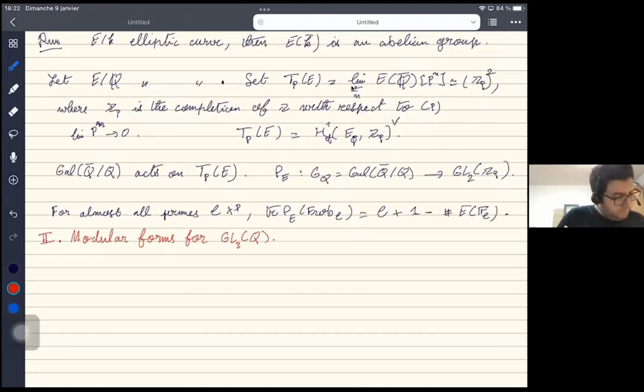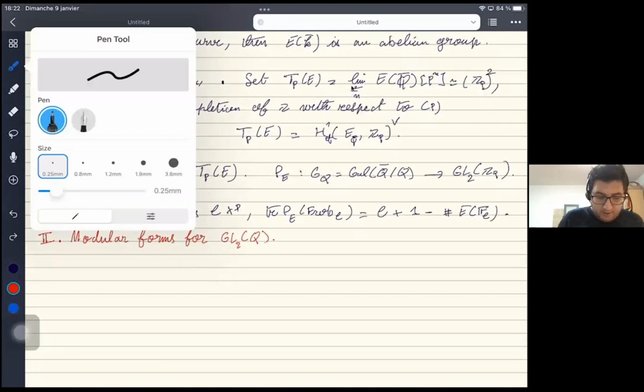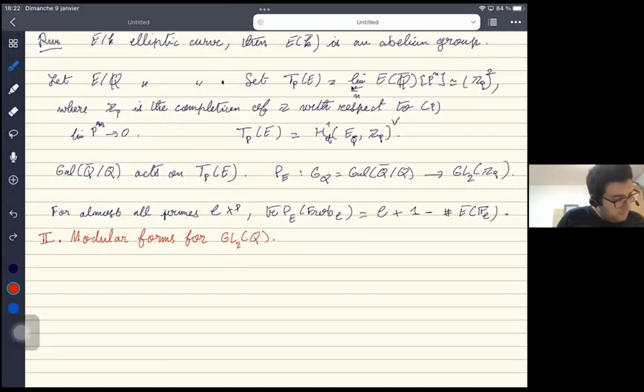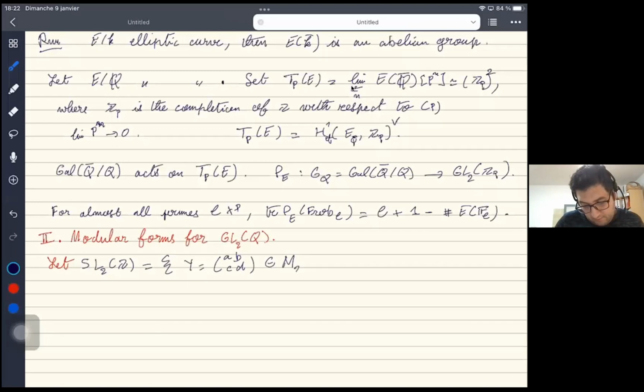I need to introduce some notations. So let SL2(Z) be the following group: all the gamma equal to (A, B, C, D) with coefficients in Z such that the determinant of gamma is 1.